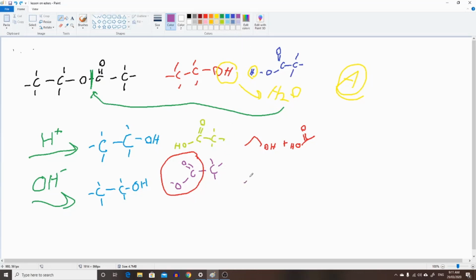Again, we're just going to draw in our alcohol, OH, and then your product for the carboxylate ion is going to be different because you're going to have an O minus here, and you're going to have your double bond O there. And so that's what you're going to have in basic conditions. Right, hope that makes sense.